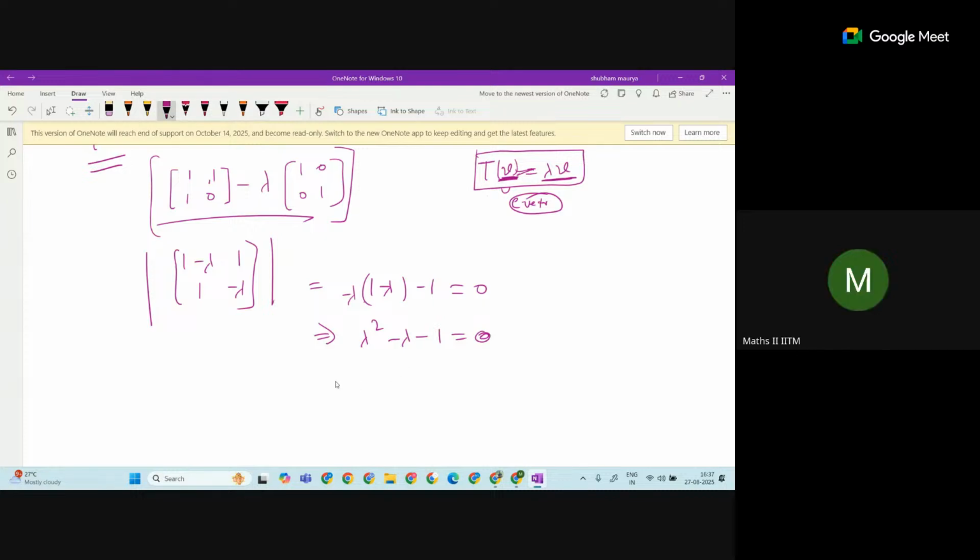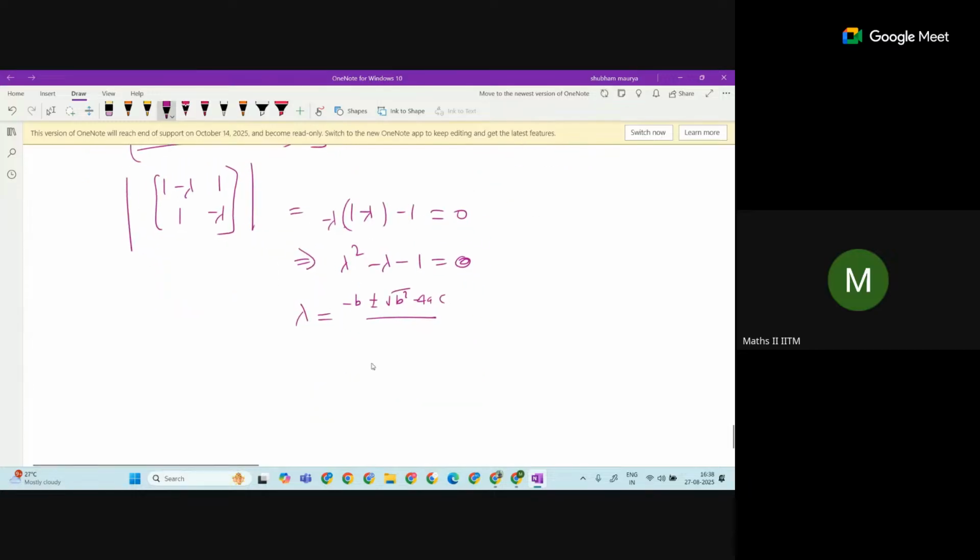So here it is looking like a complex value we'll get. So λ is complex. We'll follow the quadratic formula: (−b ± √(b² − 4ac)) / 2a.